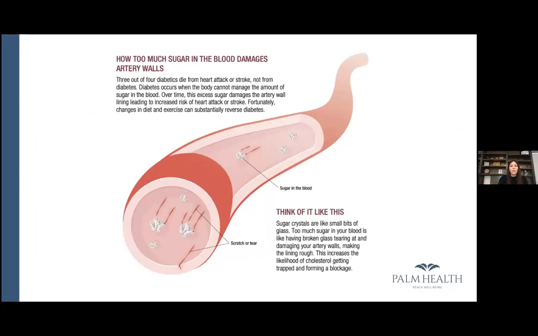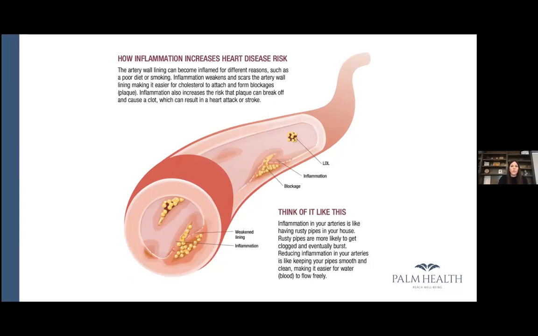When we think about sugar traveling through the artery, we can make the analogy to having sugar in your bloodstream is like having glass traveling through your bloodstream. And so over time, that tears the artery walls and makes the lining rougher. And as that lining of the internal artery gets rougher, there's more opportunity for inflammation.